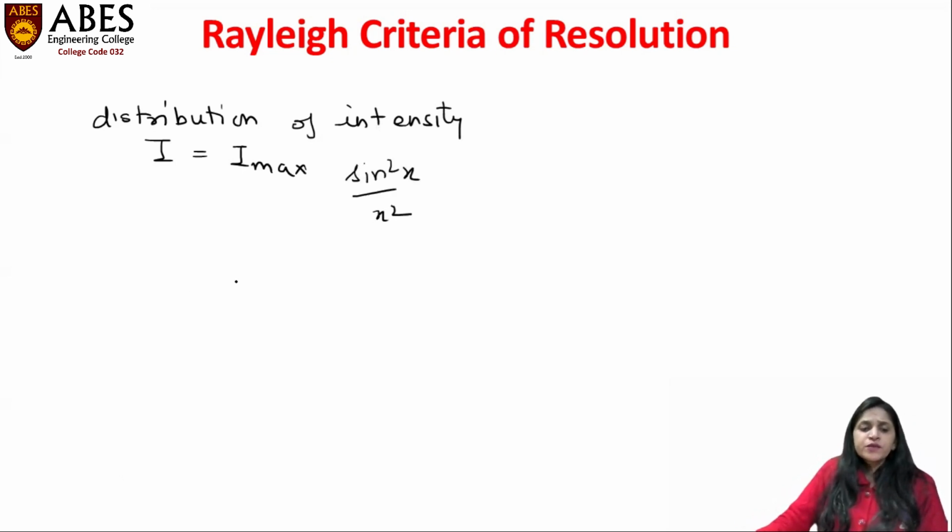So for the first minimum, the value of x is pi.